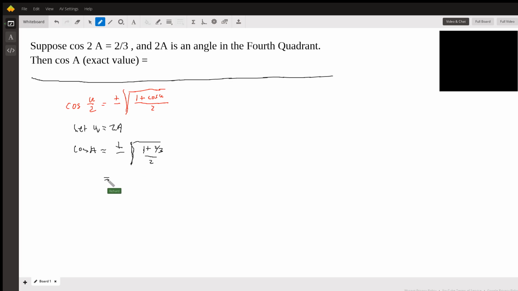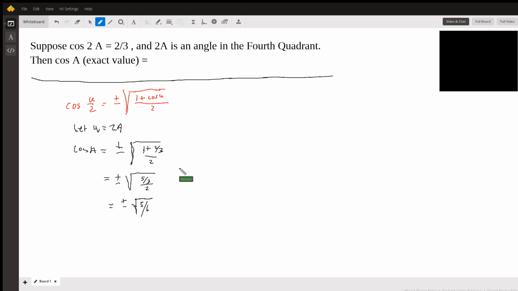So the cosine of a is going to be plus or minus the square root of 5/3 over 2, so the square root of 5 over 6.